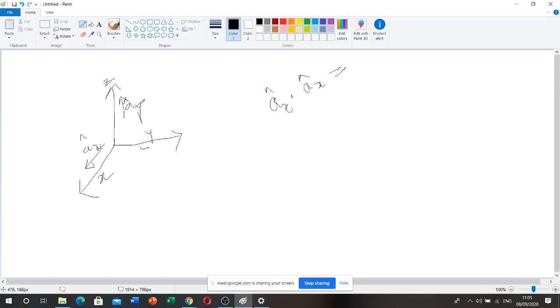Sorry, this is az. So this is the vector az cap. Now these are the vectors here. Ax, ay, and az are the three vectors. Now tell me, what is the dot product of ax dot ax?